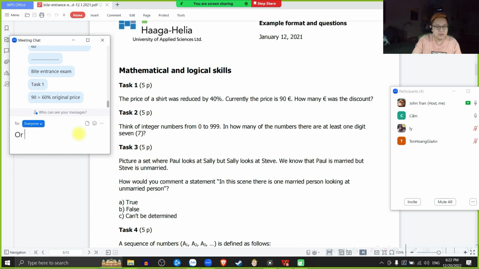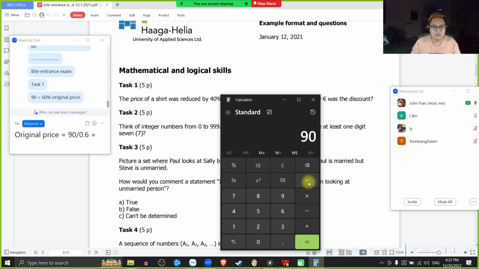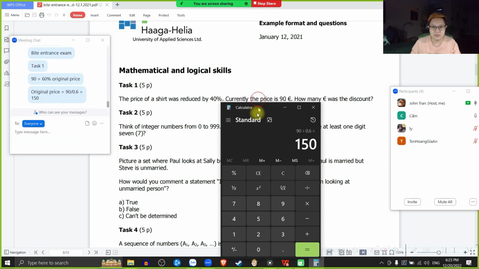So it means original price is 90 divided by 0.6. 60% là 0.6. So careful, okay? 150. So 150 is the original price.